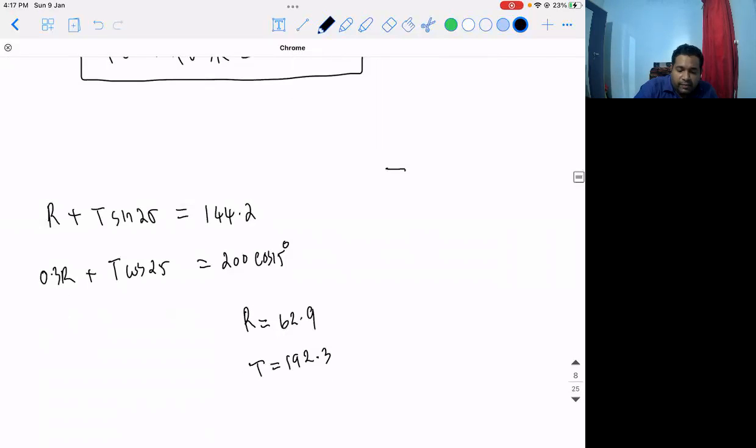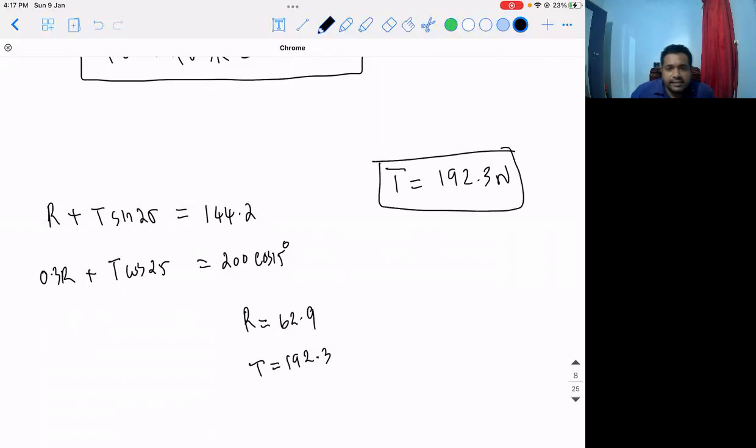So what is the minimum value of T? Because T is our point of interest. The T value we get is 192.3 Newton. I hope you got it. Any questions? So we have to solve these two simultaneous equations.